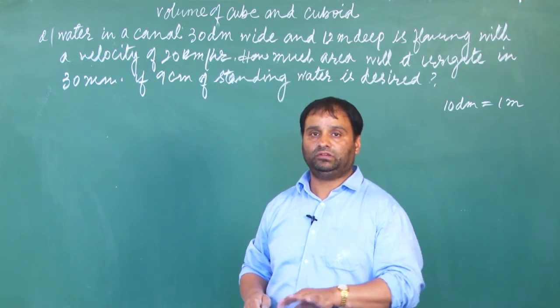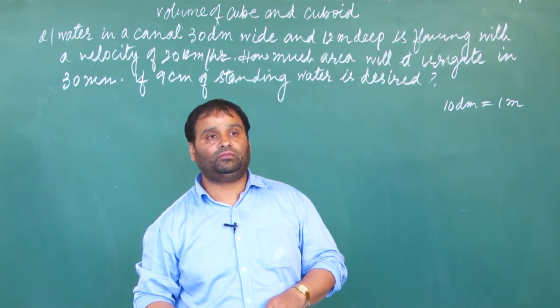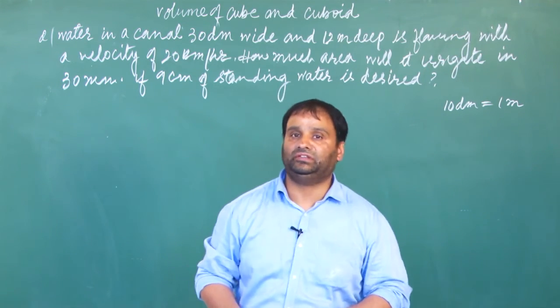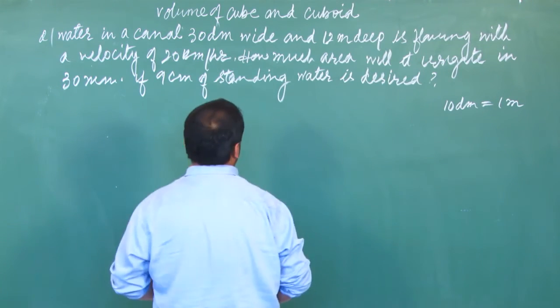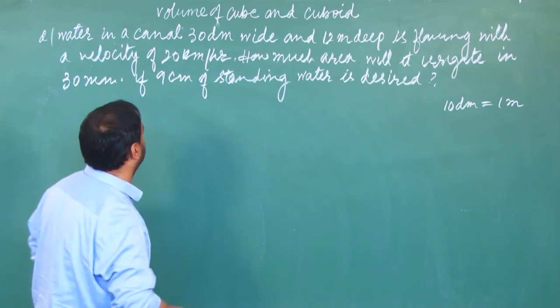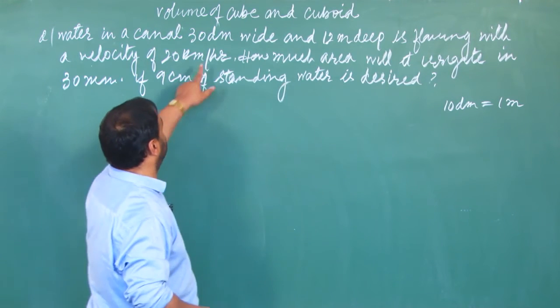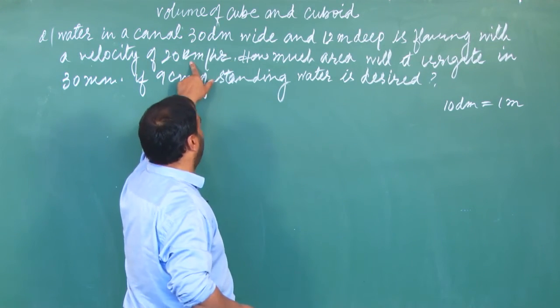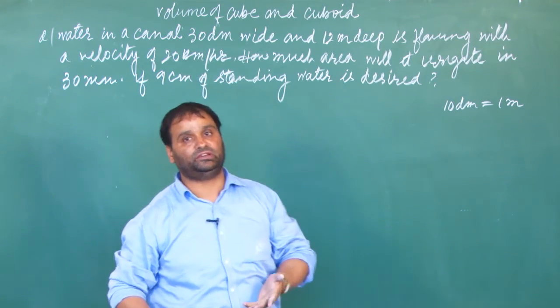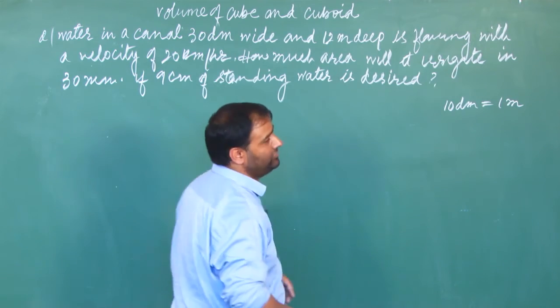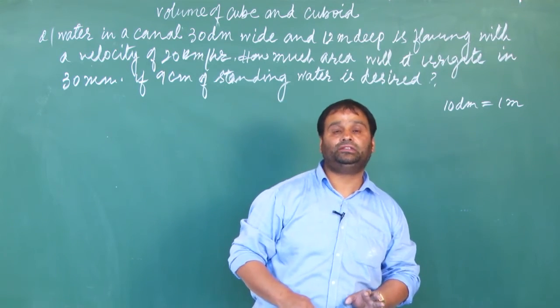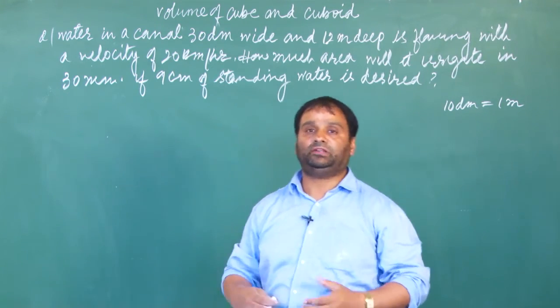That means if you go into that field, the level of the water will go 9 centimeters up when you walk or wade in that water. Now we can convert decimeter into meter and kilometer as well as meter. Again, it's very important that all the units should be same so that the calculations can be done.